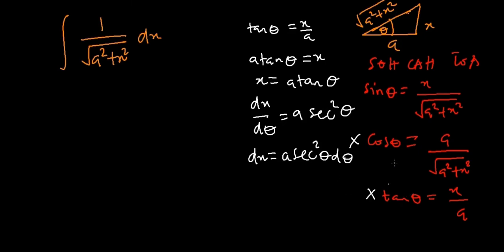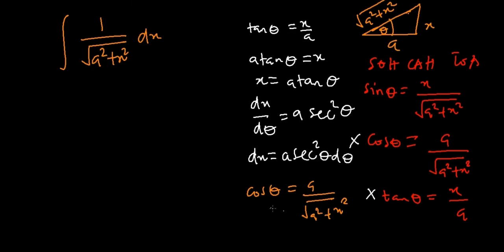From here the next thing you are going to focus on is the cosine of theta. So we have cosine of theta equal to a over the square root of a squared plus x squared. Now you are going to make the square root of a squared plus x squared the subject.